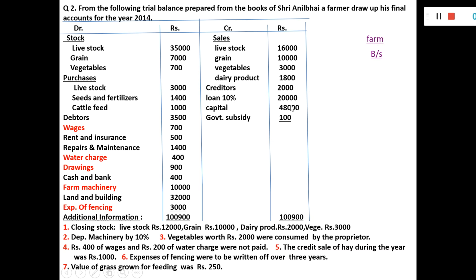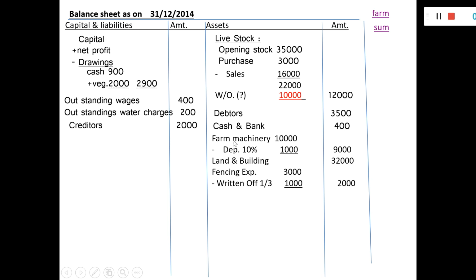10% loan. It is shown as a liability rupees 20,000 and outstanding interest also will be calculated. 10% loan, inner column rupees 20,000, outstanding interest 2,000, total 22,000.